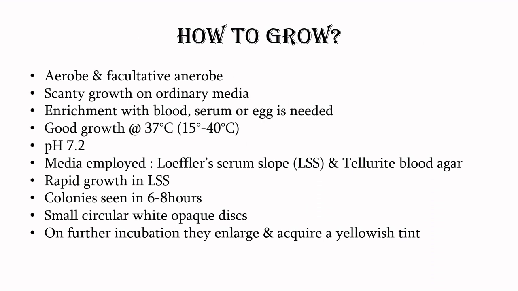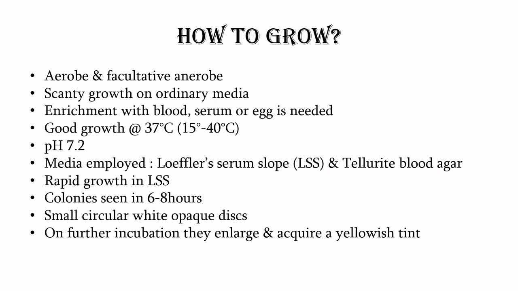When we talk about growing this bacteria, it is an aerobe, and generally on normal media without any enrichment, the growth is slightly slow. If you enrich the media with blood, serum or egg, then the growth will be pretty nice.